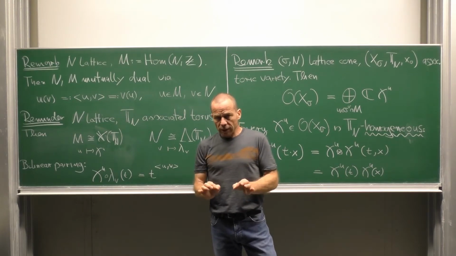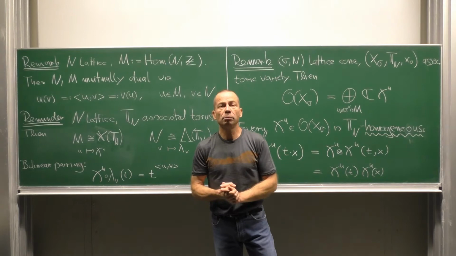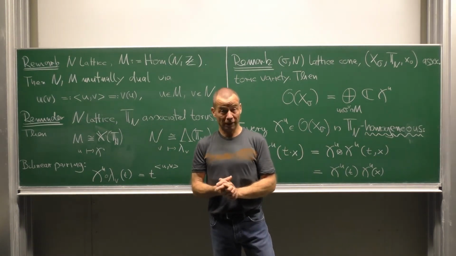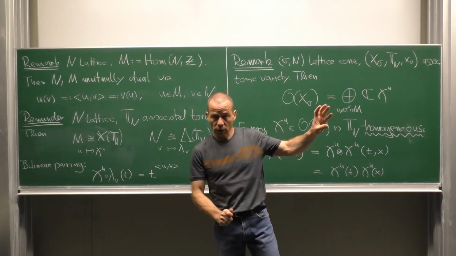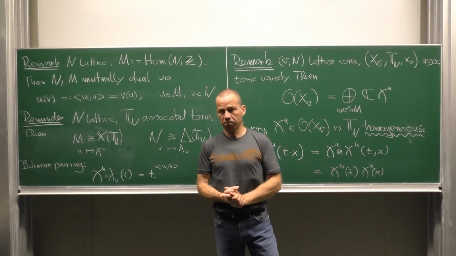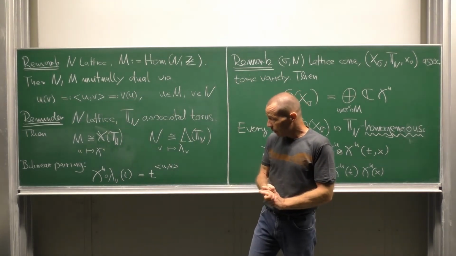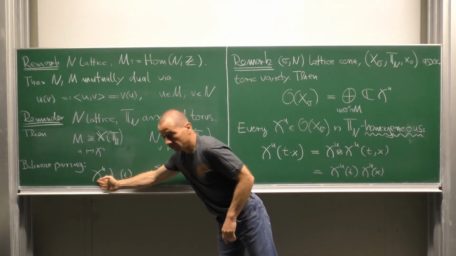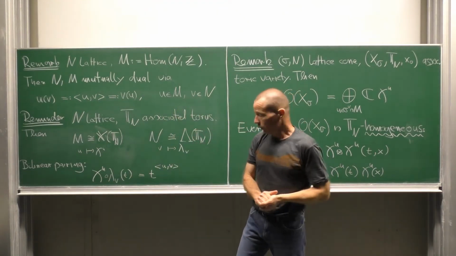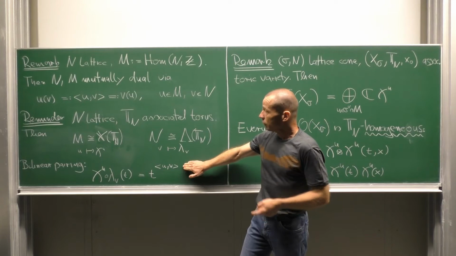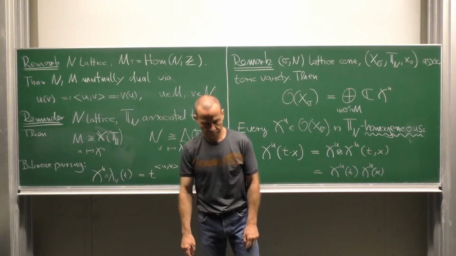This lambda v is a homomorphism from C star to T_N defined by the homomorphism of lattices from Z to N sending 1 to v. In this context, the bilinear pairing of characters of T_N and one-parameter subgroups of T_N is just given by the bilinear pairing defined above.